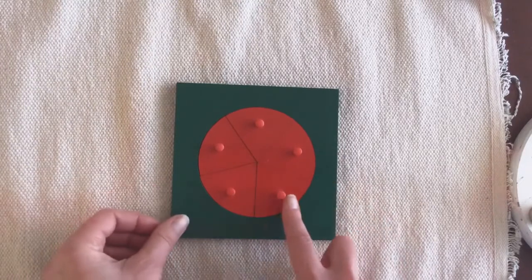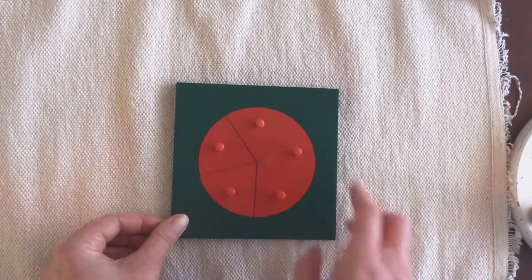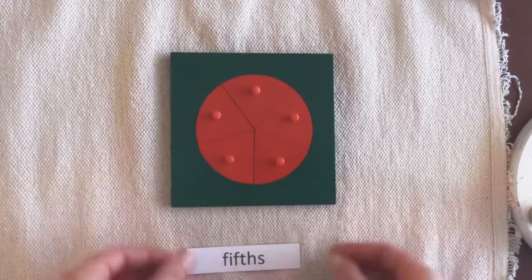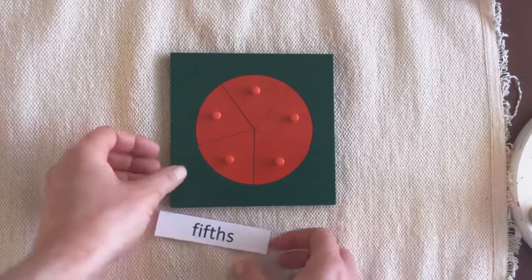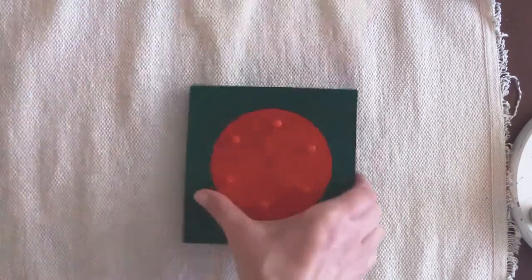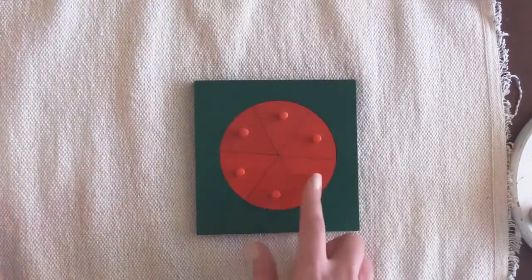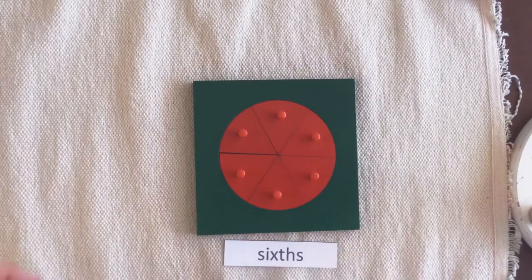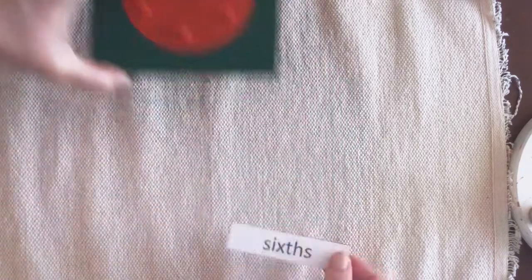Okay, how about this one? These are the fifths. Okay, let's keep going. Next we have the sixths, and those are divided into 6 equal parts.